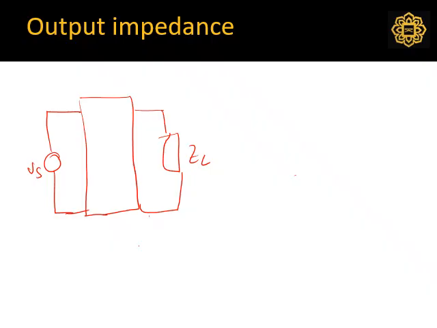Now let's say this can have an equivalent like this. Let's rename it not VS, rather VO, just to differentiate it from the previous example. So now this VO will have some output impedance when you are connecting the load.